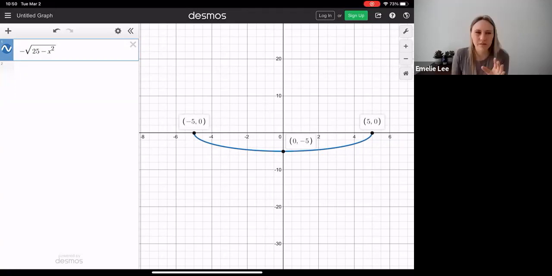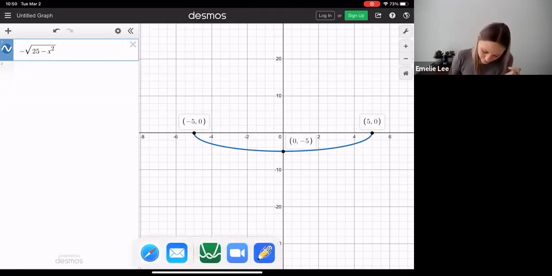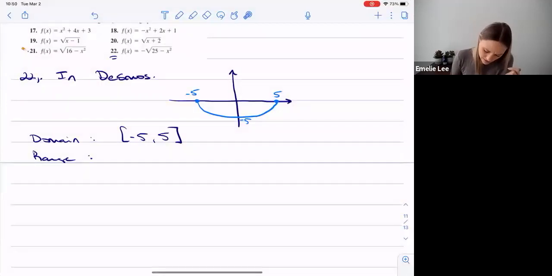I know that's not super clear, because sometimes, or often, you can't see it. But because this is just a square root, I'm allowed to be at 0. So sometimes we have to do a little bit of math, but not bad. Awesome. So then the range: because I'm allowed to be on the x-axis, where y equals 0, and then it looks like it goes down to -5, including -5.